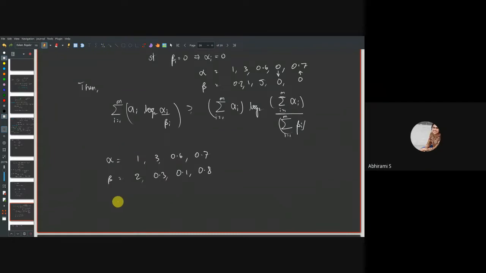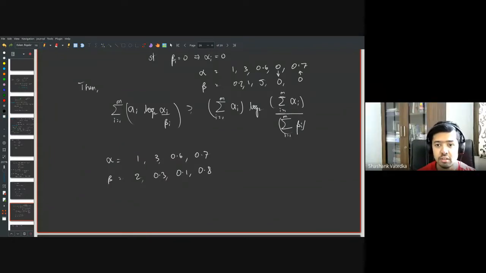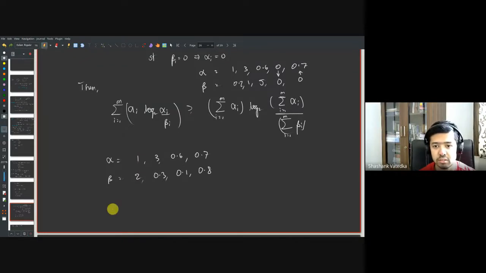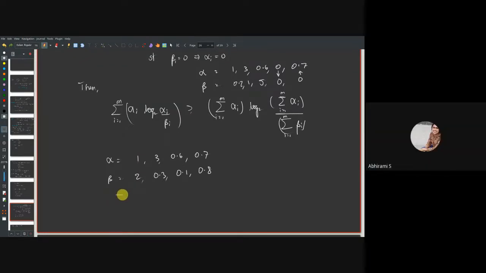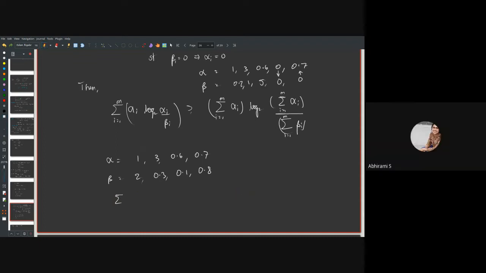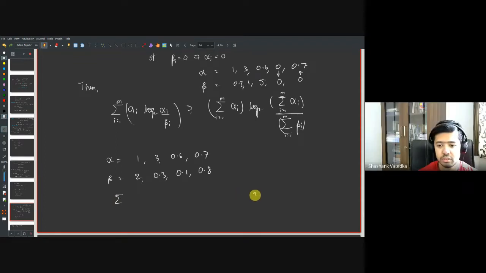577. How much? RHS, you said? What is the LHS? I calculated the RHS. Okay, so what is the RHS? 3.85. Correct. So it's 3.85 something.